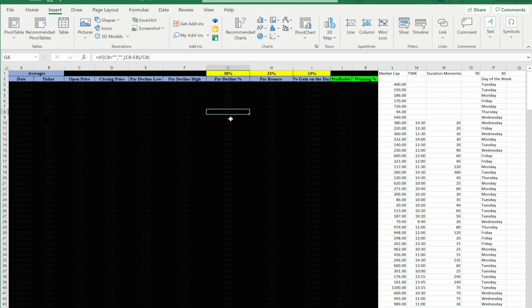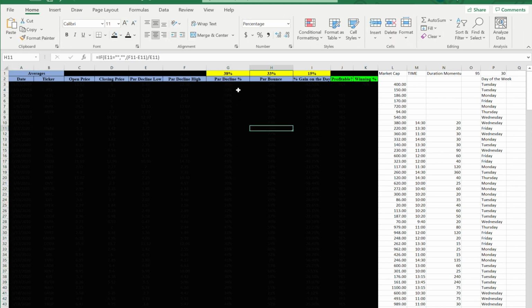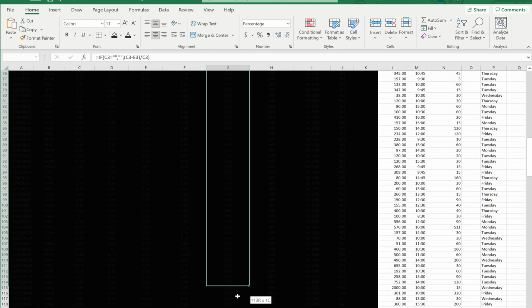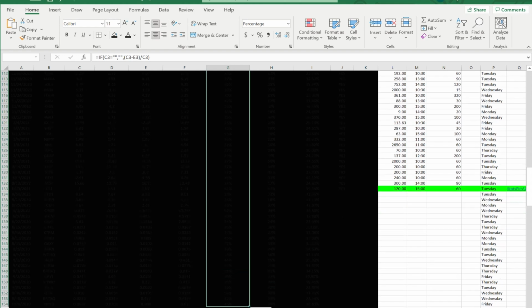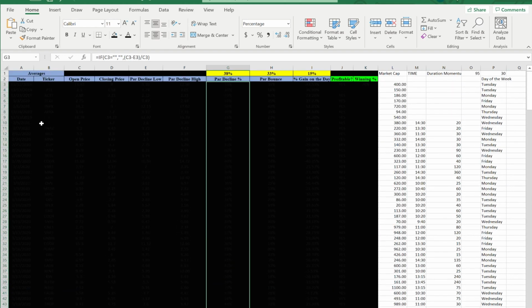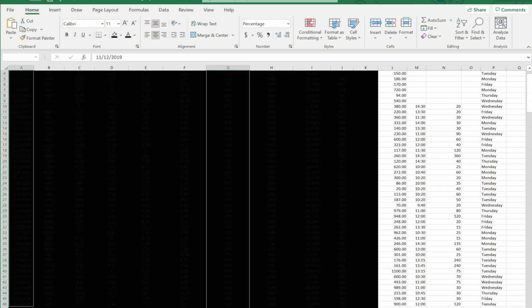Each of these cells represents the decline percentage from the open. I go to the left and grab all of these decline percentages. I'm going to go all the way down, then back up, press Control, and do the same thing with the dates.